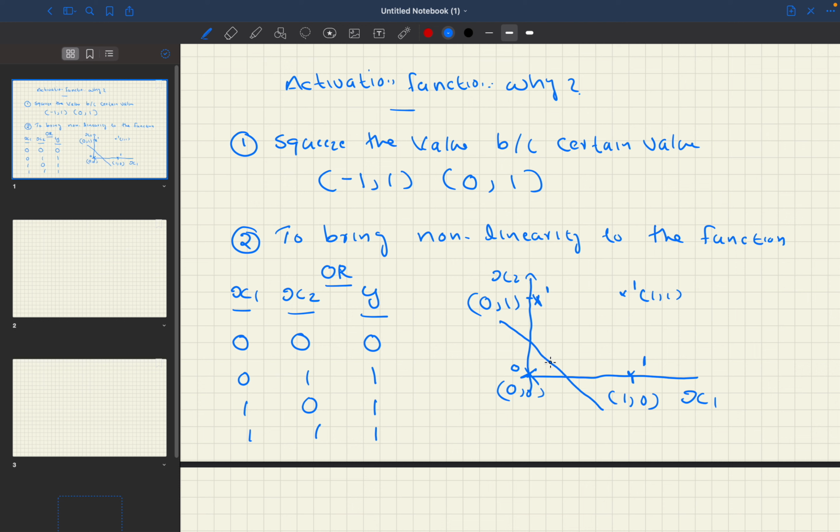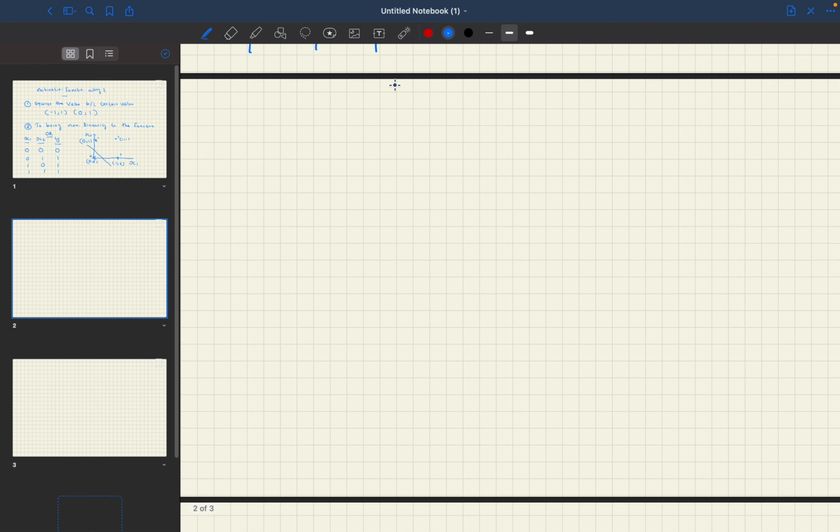All on the right part of this line will be 1, and all on the left side of this line will be 0. In this way we can linearly separate this function. Similarly we can do the AND function also. Now consider the XOR function.